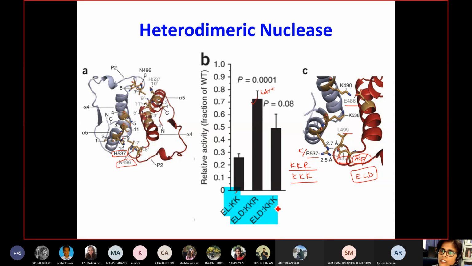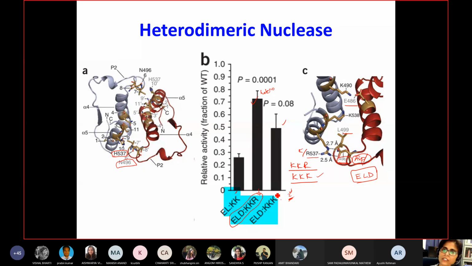And then the ELD to KKK mutants also behaved properly, but it was less compared to the KKR mutant. So basically they found that even the zinc finger activity was much better with the ELD to KKR mutant. So this was the second generation, and this is mostly what people use in the experimental system.